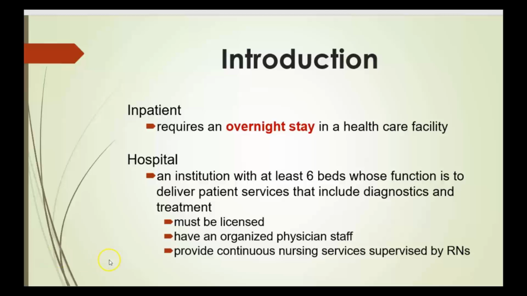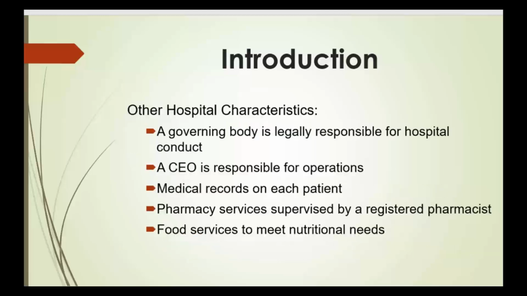I do want to point out that a hospital must be licensed, have an organized physician staff, and provide continuous nursing services supervised by RNs. Other hospital characteristics: a governing body is legally responsible for hospital conduct.